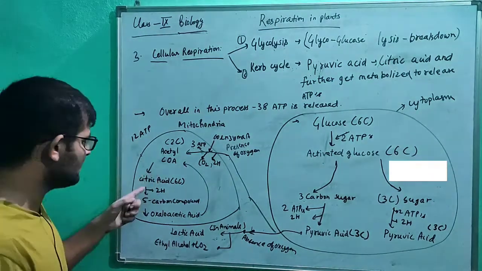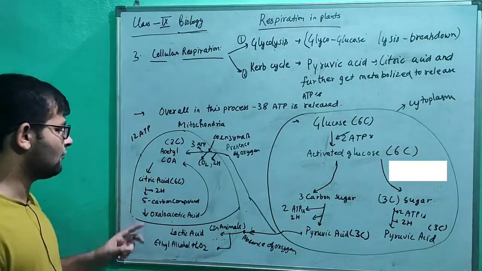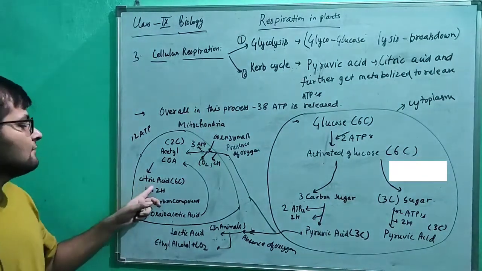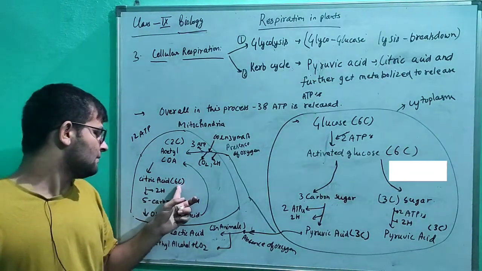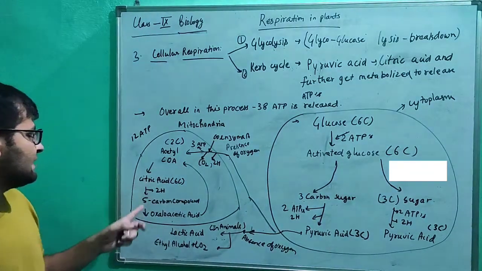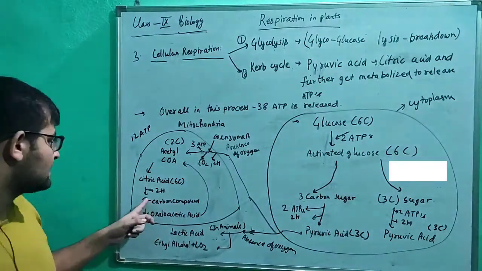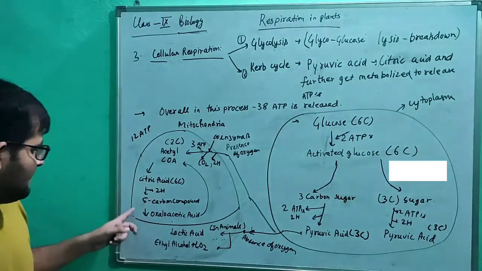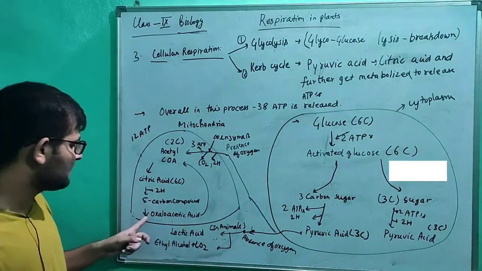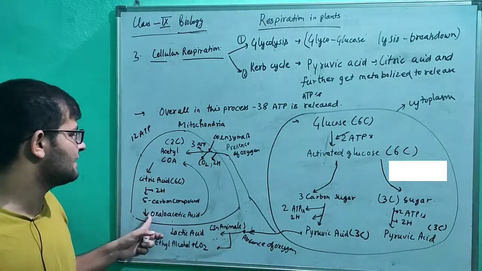will enter into the Krebs cycle, and it will get converted into citric acid, which is a 6 carbon compound. From citric acid, there will be a formation of 5 carbon compound and releasing of 2 hydrogen. From 5 carbon compound, there will be formation of oxaloacetic acid.